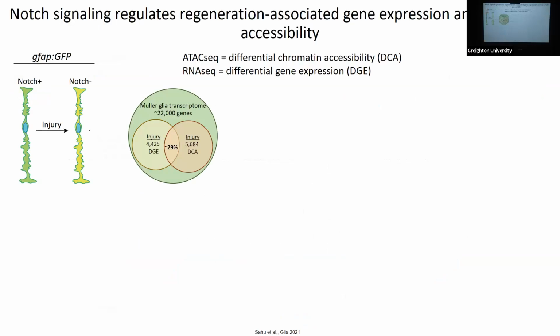So this is the injury response. You can see that out of 22,000 genes that we interrogated, there were about 4,400 that were differentially expressed. With chromatin, looking at ATAC-seq, about 29% of these injury responsive genes had chromatin accessibility changing, and most of it was going to open chromatin.